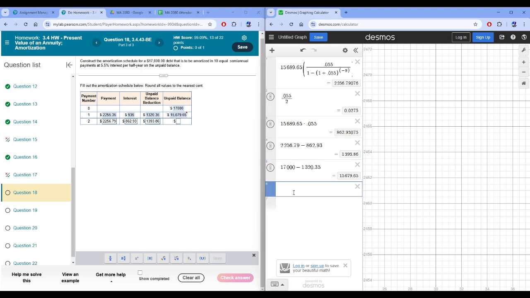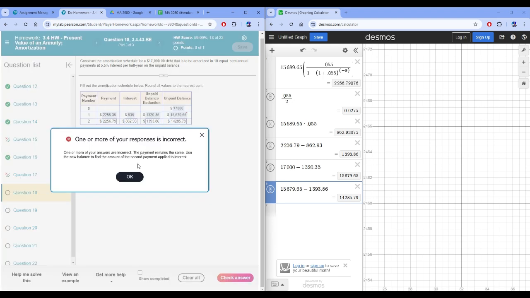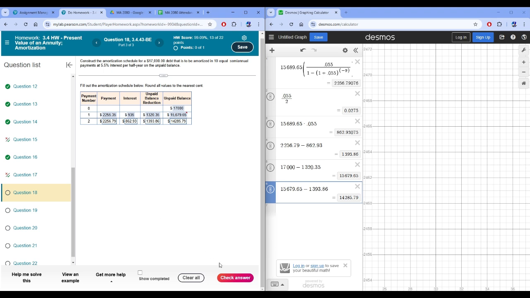And then I just take 15,679.65 minus the amount that I just paid, 1393.86, which leaves me with a bill of 14,285.79. Dang, I thought I really had this.